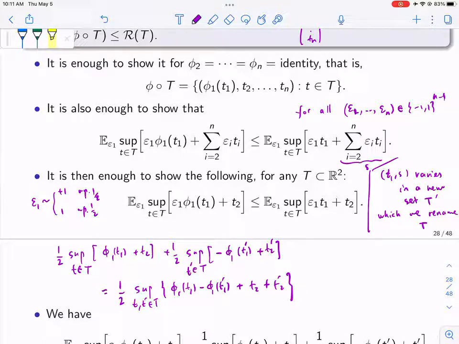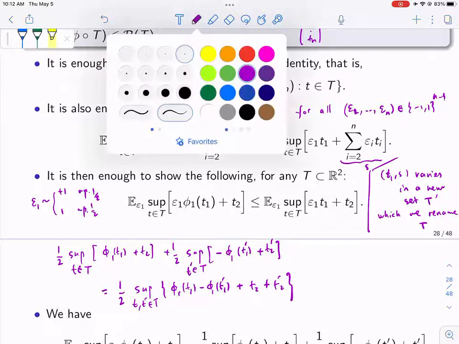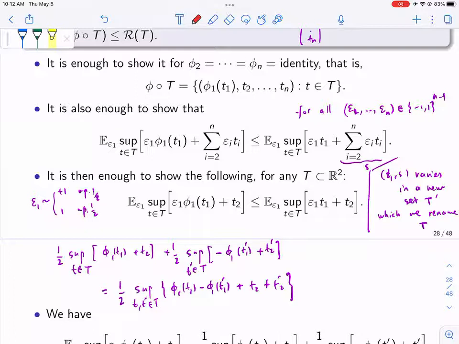So now what is the next step? Phi 1 is Lipschitz, so this is going to be bounded by the absolute value of T1 minus T prime 1.